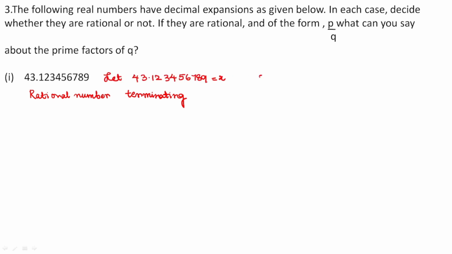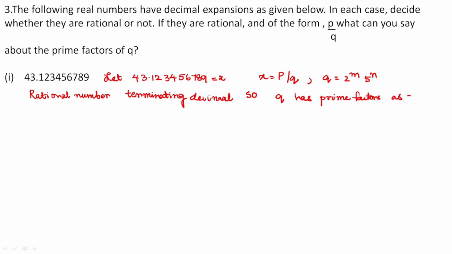So to call it terminating, if x is in the form of P upon Q, Q should be in the form of 2 power m and 5 power n. Because it is a terminating decimal number, Q has prime factors as 2 and 5 only. So that is what they asked us to find about the prime factors of the denominator Q. So it only has prime factors as 2 and 5.